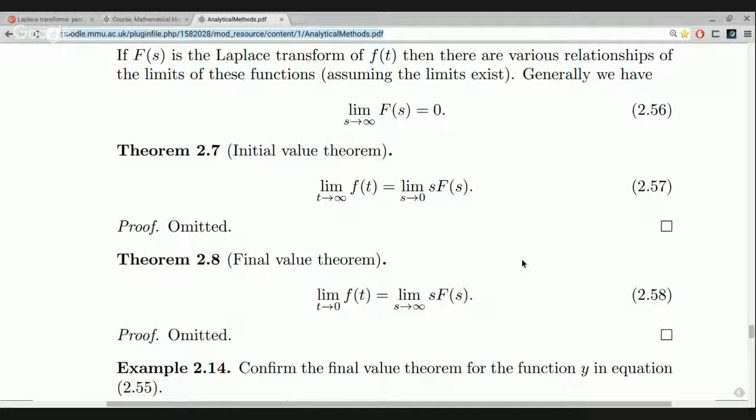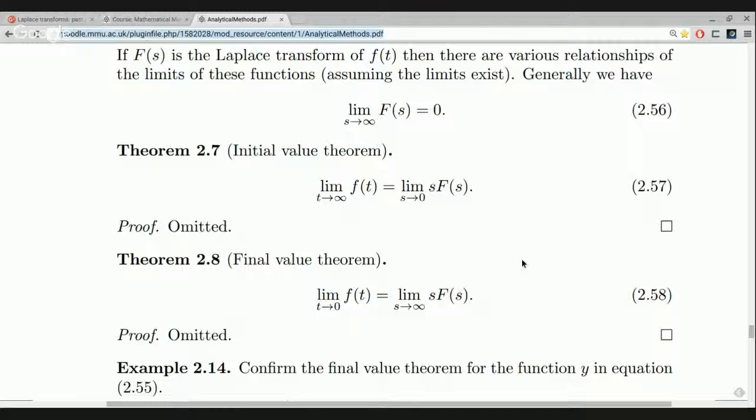The other theorem, the initial value theorem, won't actually be applicable here because the function y doesn't have a limit as t goes to infinity. As t goes to infinity, the exponential part fades away, converging to 0.